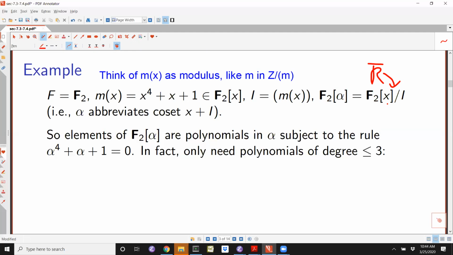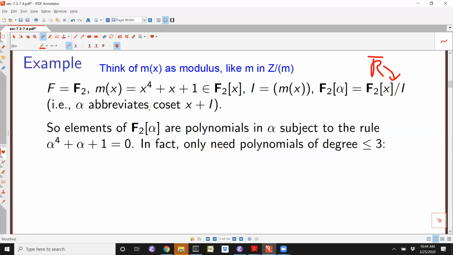We will usually use the notation F2 bracket alpha to represent this kind of quotient ring, and alpha will be our standard abbreviation for the coset x plus I. I don't keep writing these x plus I's, because in practice you can always think of elements of F2 bracket alpha, elements of R bar, as polynomials in alpha, subject to the rule that alpha to the fourth plus alpha plus 1 is equal to 0, precisely because alpha is an abbreviation for x plus I, and we know that x to the fourth plus x plus 1 is equal to 0.